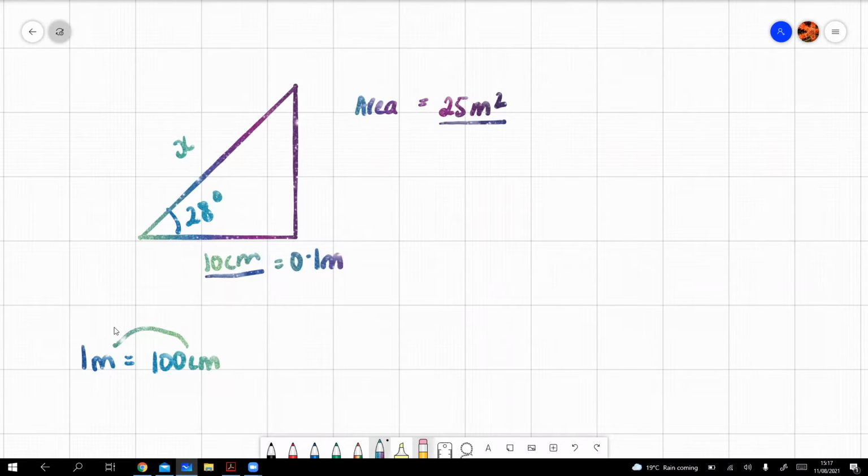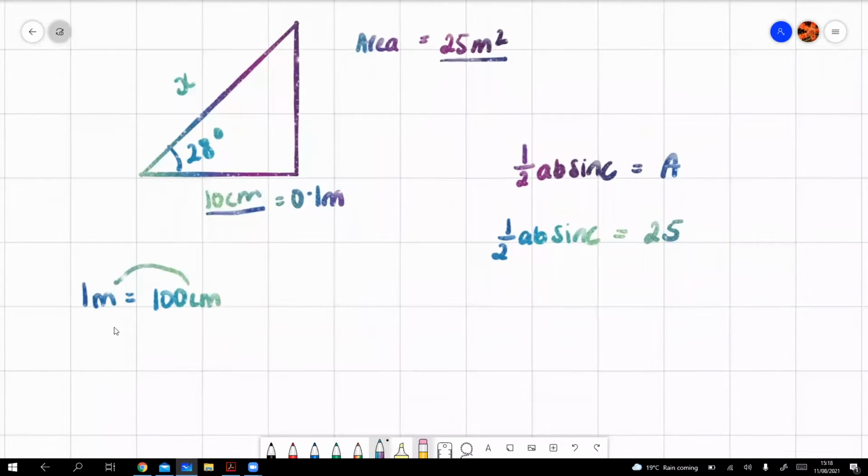So area of a triangle is, well, a half AB sine C equals the area. A half AB sine C is the area, which is 25. Okay, now I've got a half times, well, I'm going to say that's A and that's B. Okay, so 0.1 times B times sine 28 equals 25.